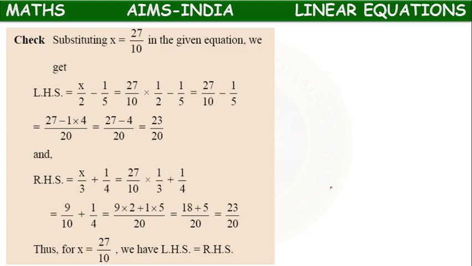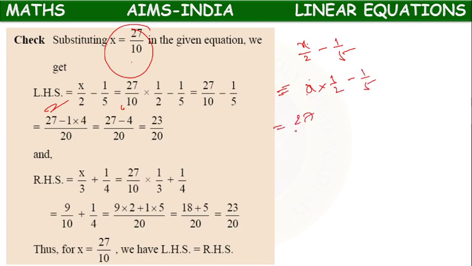So we can cross check it. We got x equal to 27 by 10. Let's substitute in the LHS. What is the LHS? x by 2 minus 1 by 5. We can write x by 2 as x into 1 by 2, minus 1 by 5.